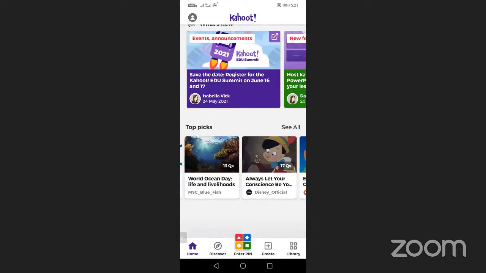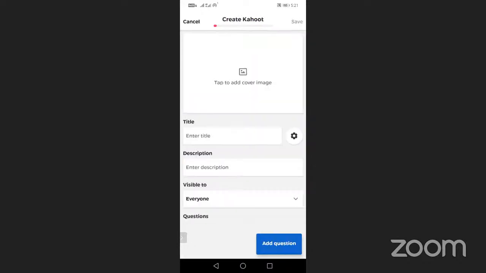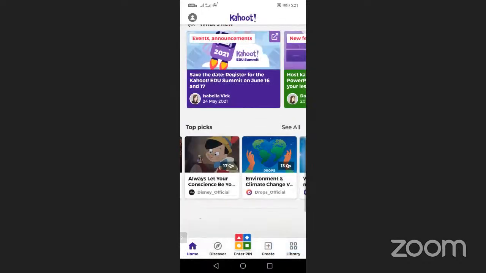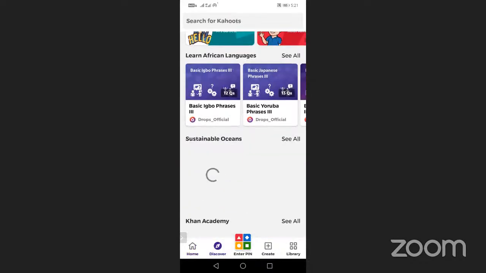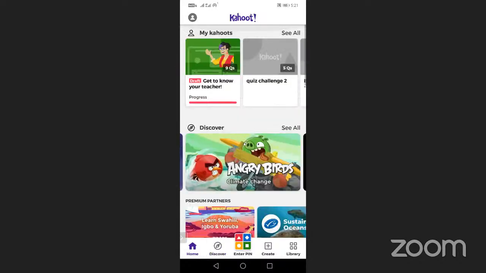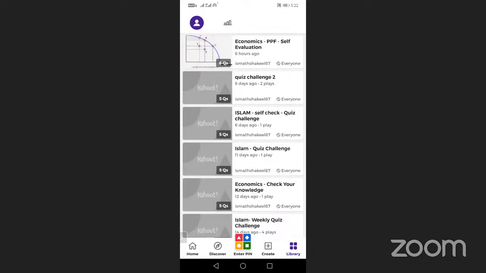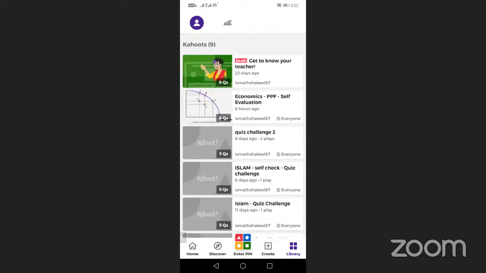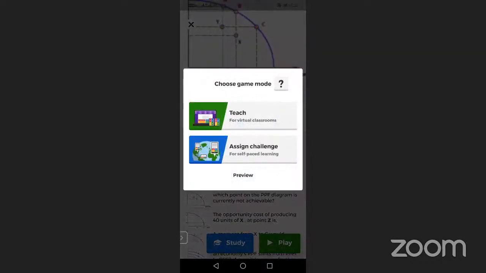Right, guys, now you will be getting a pin code.